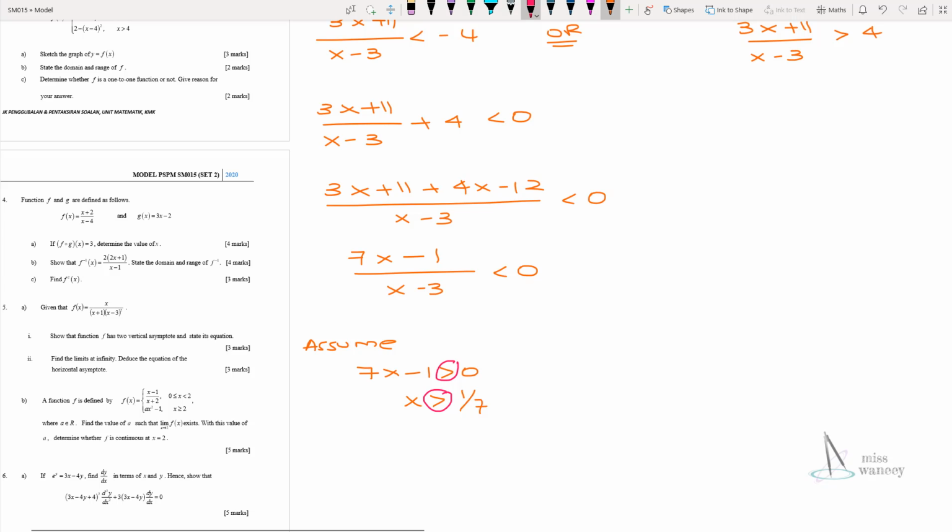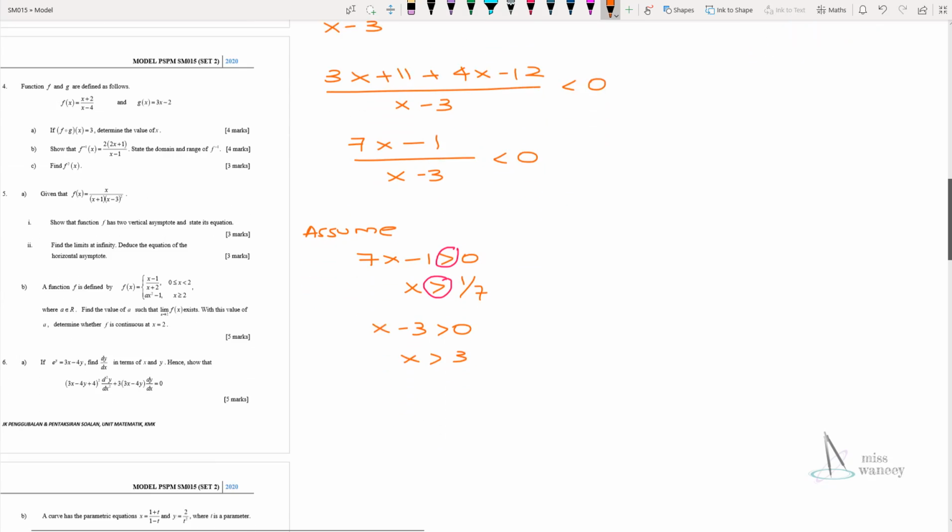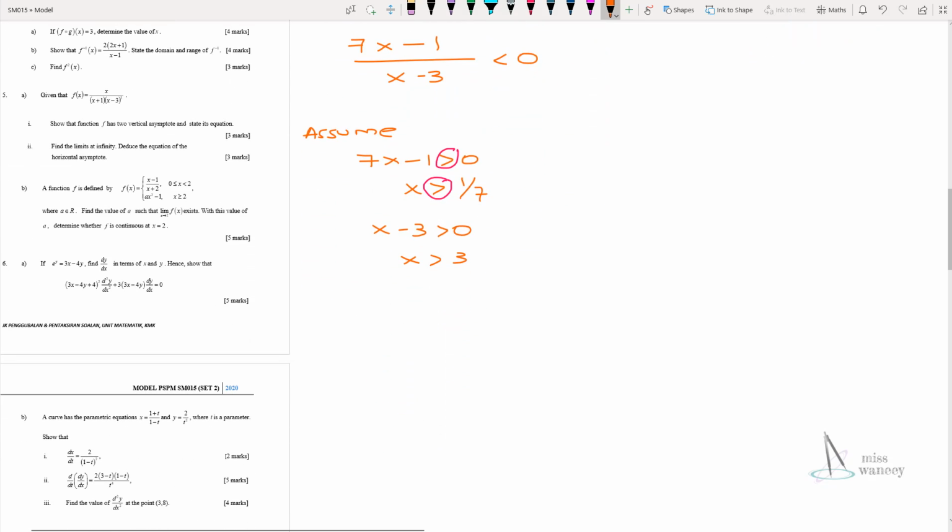Okay, the second one, we have x minus 3 greater than 0, so x will be greater than 3. Okay, so let us draw the number line then. Okay, so I have 1 over 7 over here, 3 over here. So starting from 1 over 7 to the right hand side, starting from 3 to the right hand side, I'm assuming them to be greater than 0.